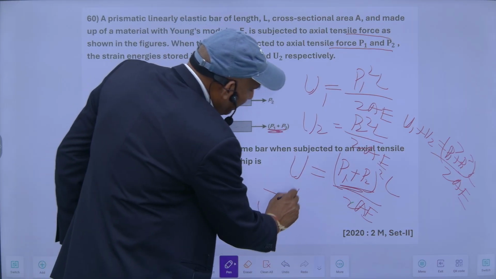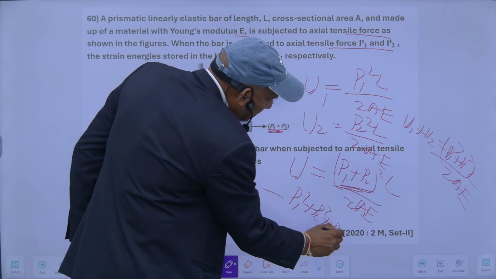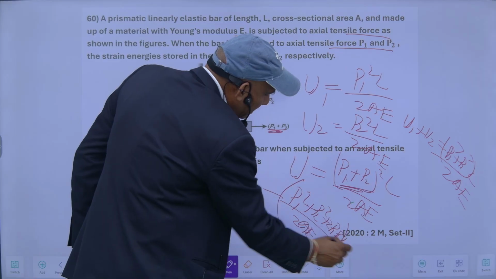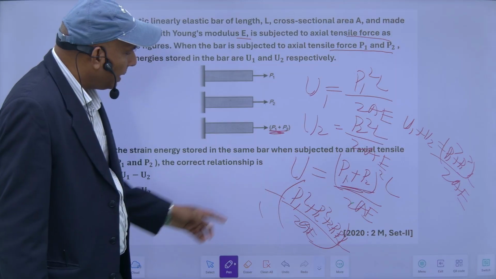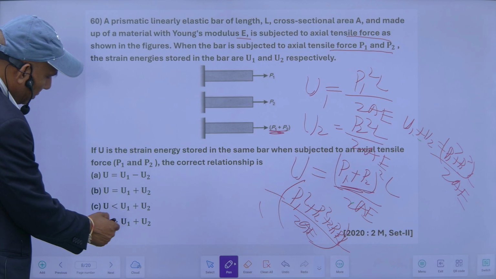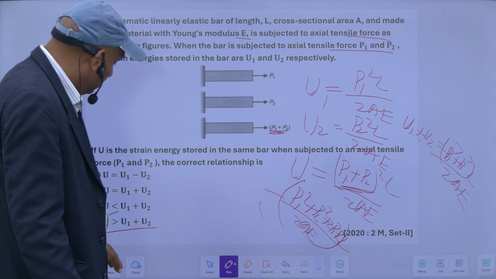So this is more than this. What does it mean? My U is greater than the sum of this and this. So this is the right answer.